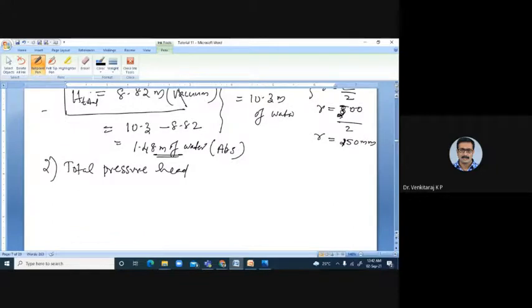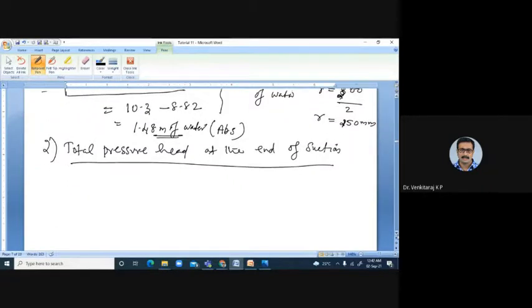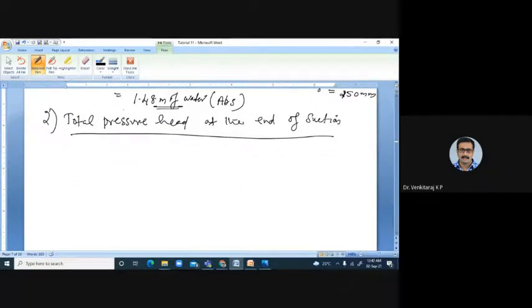Now the total pressure head value, let us find at the end of the suction. Total pressure head value at the end of the suction. So this H total at the end will be HS minus HAS. You refer again the previous lecture note. So at the end of the suction stroke we have the total head HS minus HAS.